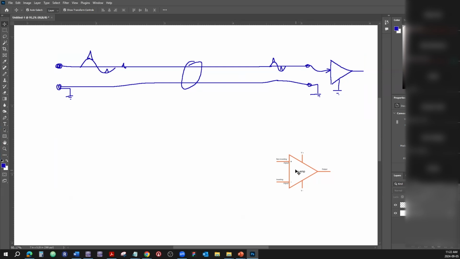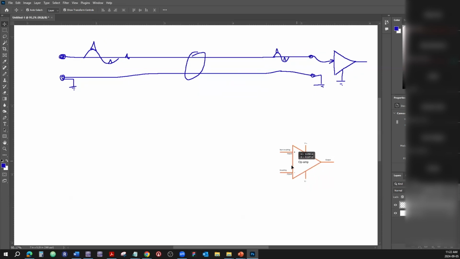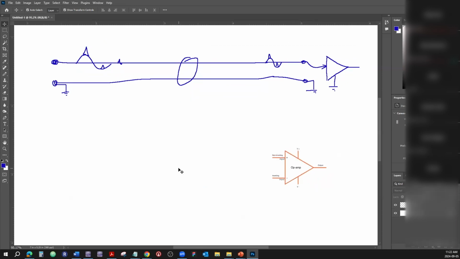Now, let's get to something that would be called balanced. Get a pen here. What do we have? 3 terminals instead of 2. We got 1, 2, 3.